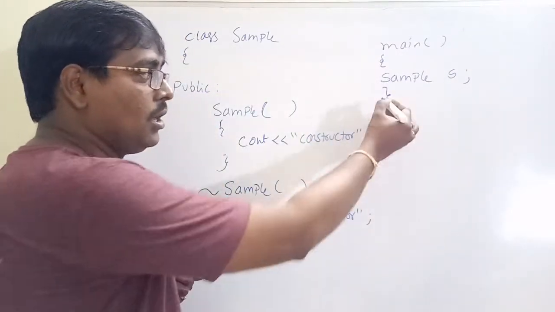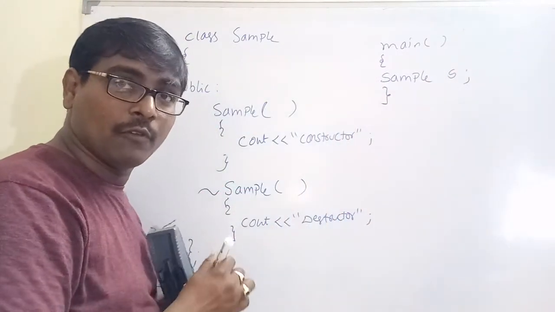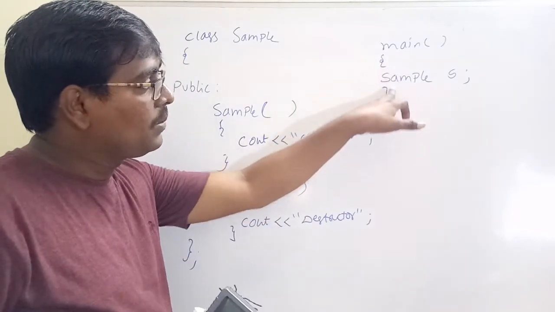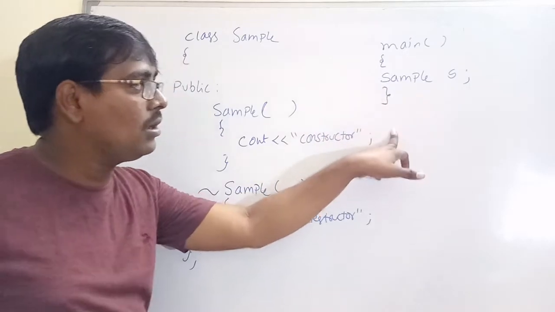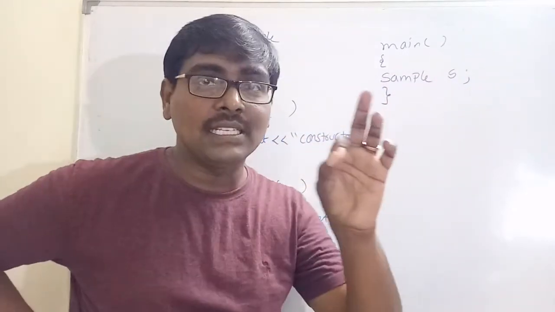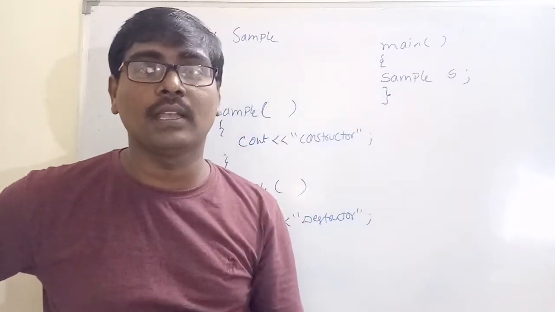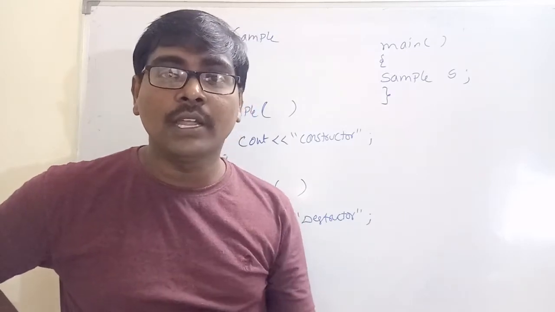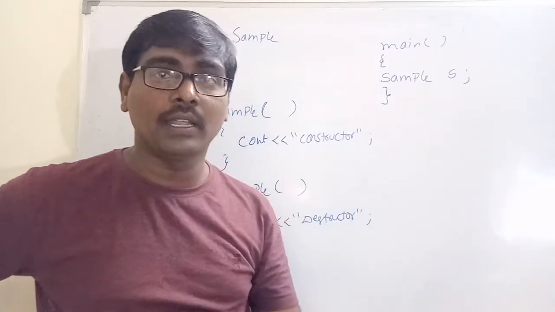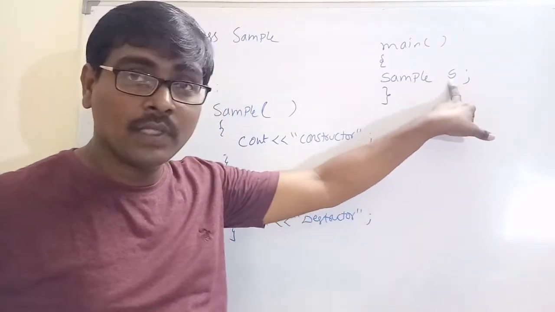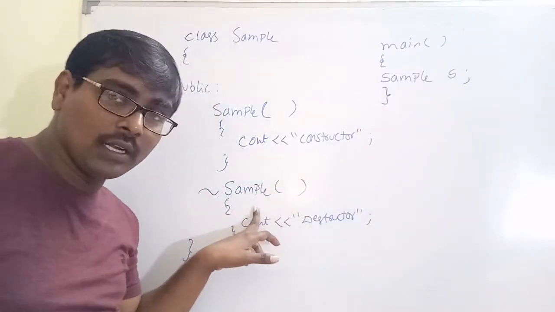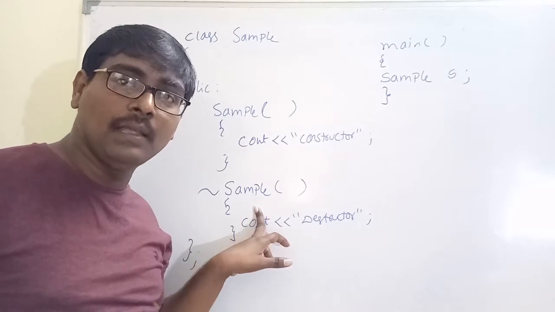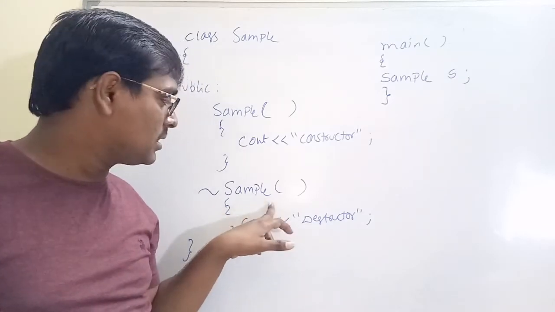Close the bracket. Observe carefully. Whenever we are coming out of the block, that object is destroyed automatically. That means when we come out of the block, this destructor is called automatically by the compiler.